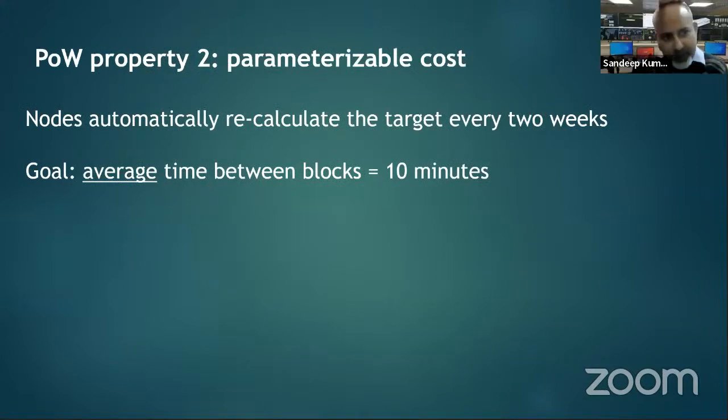So another thing that happens is that as time progresses, in the beginning, you could solve the hash puzzle using your laptop. So a lot of people around 2010 could actually gain some Bitcoin reward by having just a laptop. But over time, people started throwing in more and more hardware. They started creating specialized hardware to solve hash puzzles.